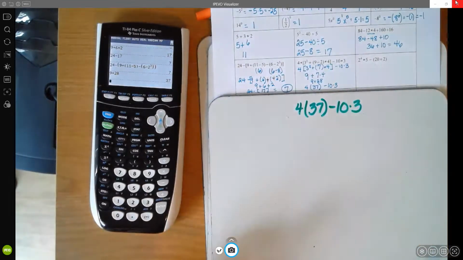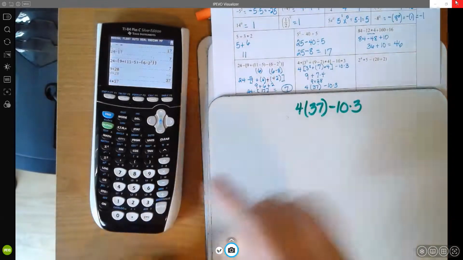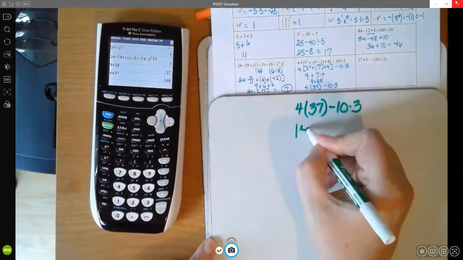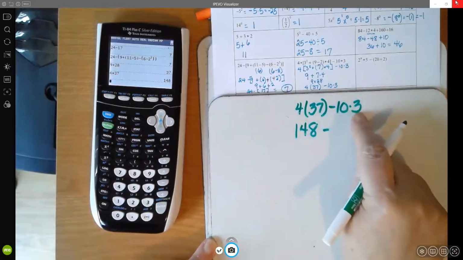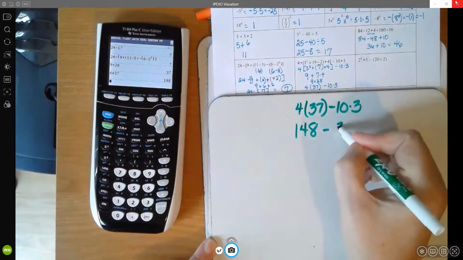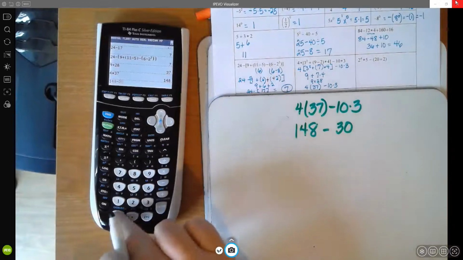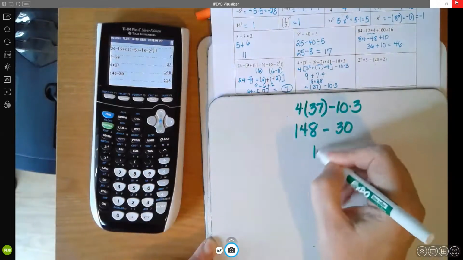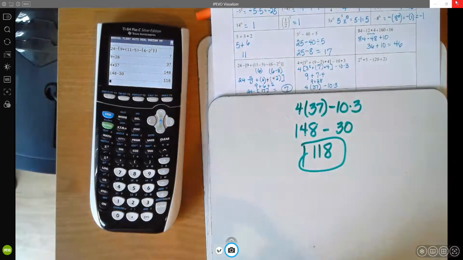I just copied the same problem so that we wouldn't lose our place. 4 times 37 gives us 148 minus, and then I can go on and do that multiplication there, which would be 30. And 148 minus 30 should give us 118. So that's the answer I come up with, 118.